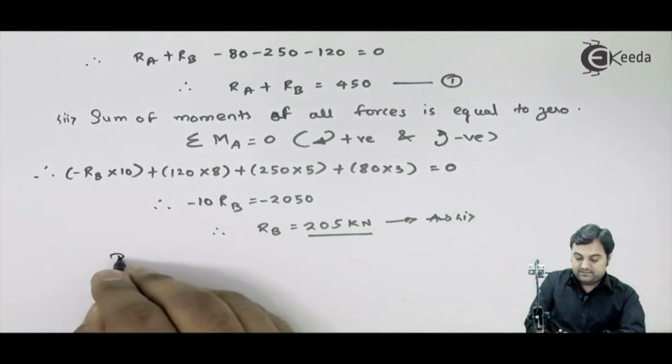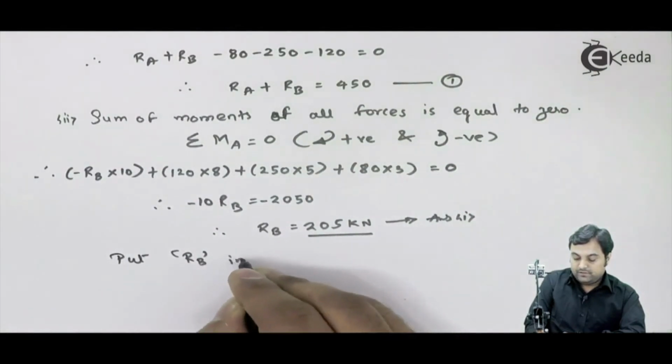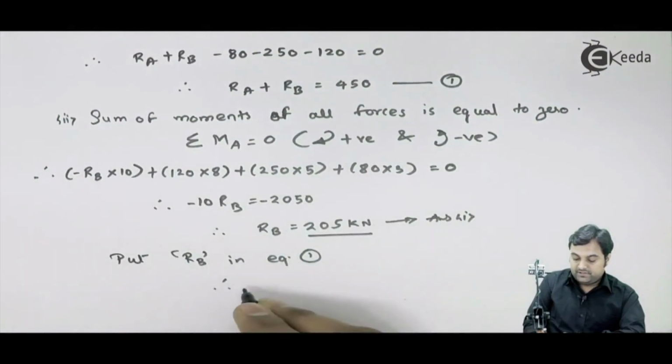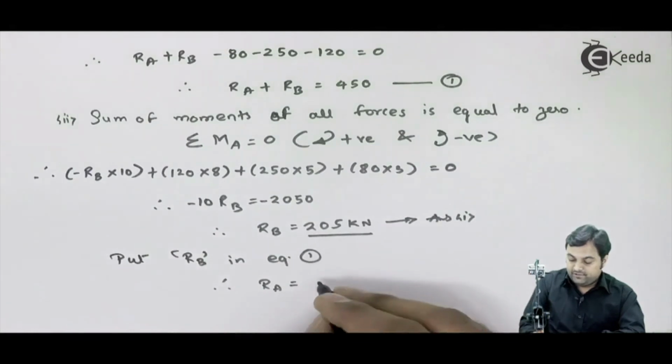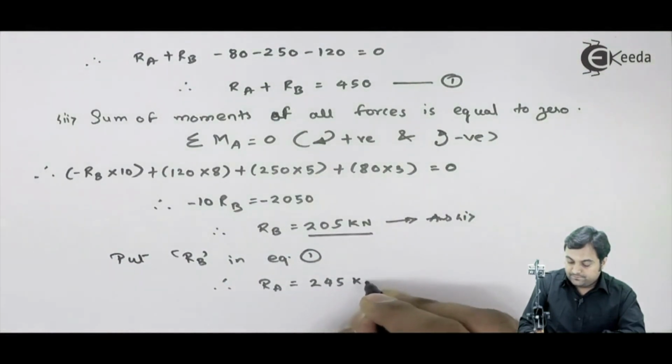Hence, I'll say that put RB in equation 1. Therefore, RA comes out to be 245 kilonewton. It would be 245 kilonewton.